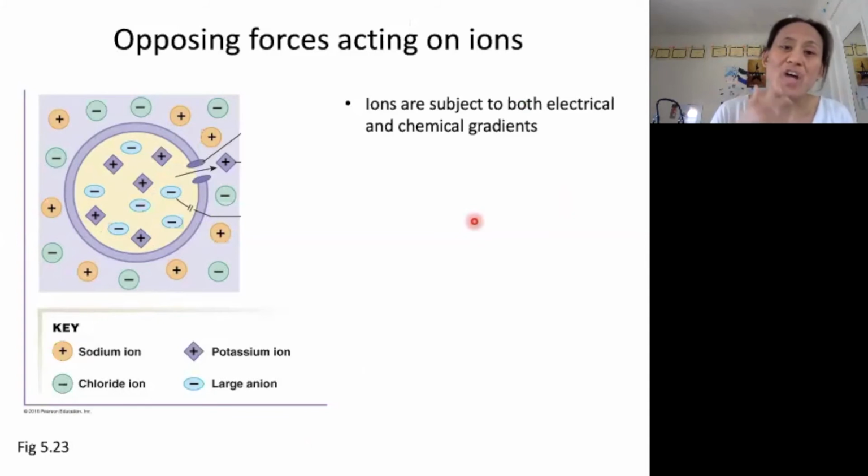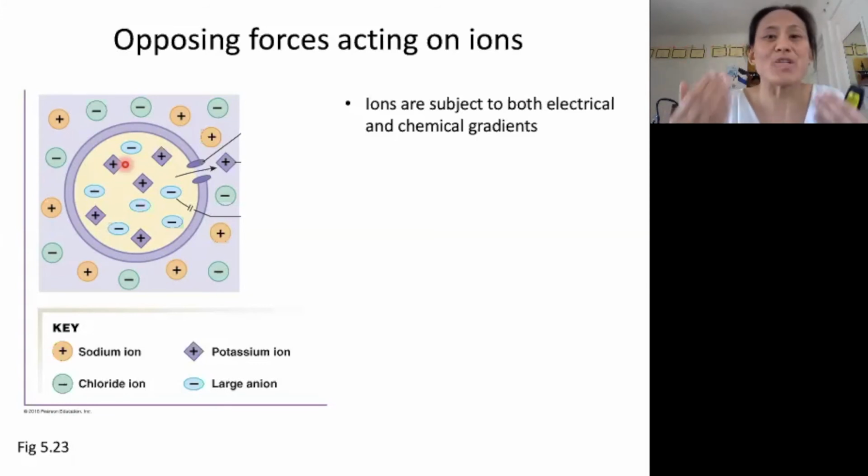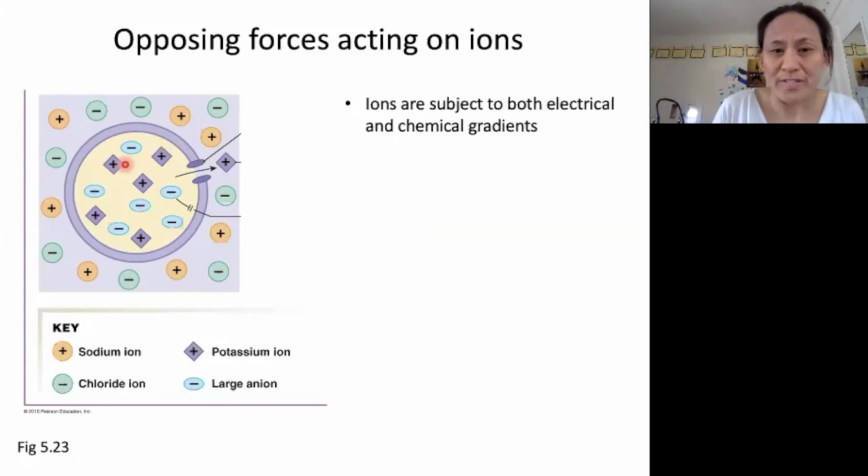Okay, so each ion is going to have two different forces acting on it. It's going to have electrical forces acting on it, and it's going to have chemical forces acting on it, right? So an ion is a molecule. It's going to follow its concentration gradient, but it's also a charged particle that's going to follow electrical forces.